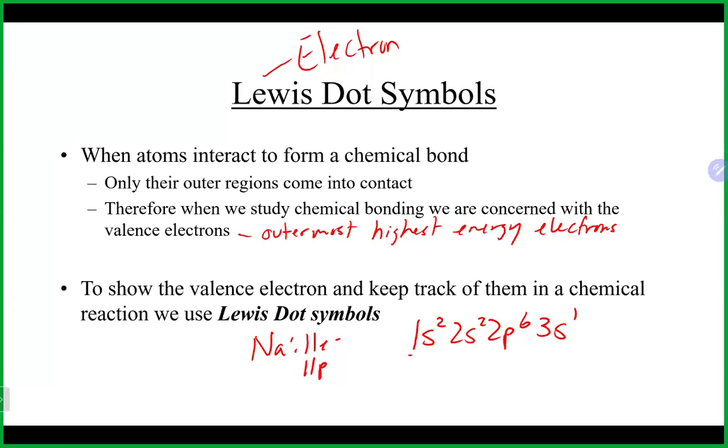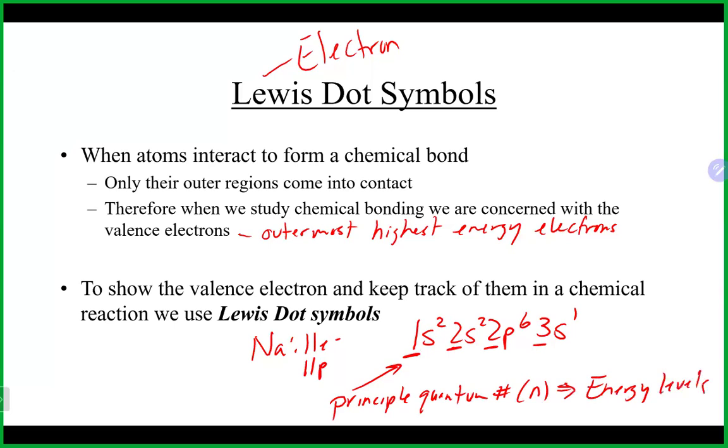The first numbers here, this 1, 2, 2, and 2, are what are basically known as the principal quantum number, and that is sometimes abbreviated with an N. That is really a fancy word for energy levels. And the lower the number, the closer the energy level is to the nucleus, and the closer those electrons are to the nucleus.